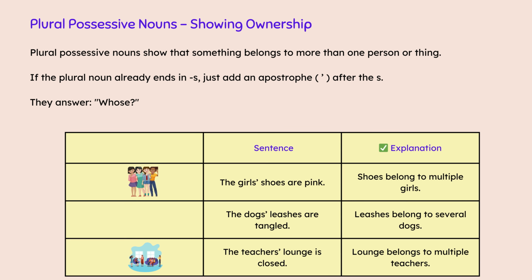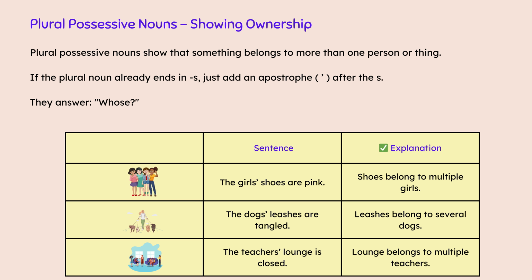Now let's talk about plural possessive nouns, how to show ownership when there's more than one person or thing. Definition: a plural possessive noun shows that something belongs to more than one person, animal, or object. Rule: if the plural noun already ends in s, simply add an apostrophe after the s. These nouns answer the question, whose.